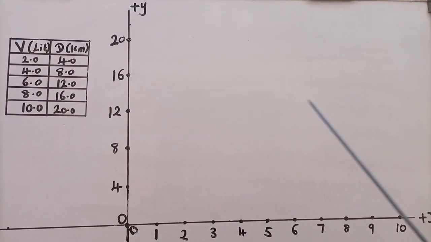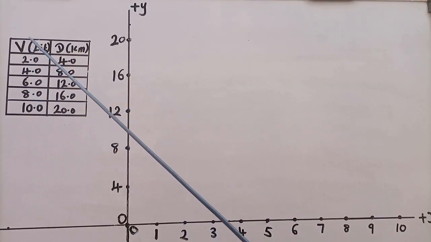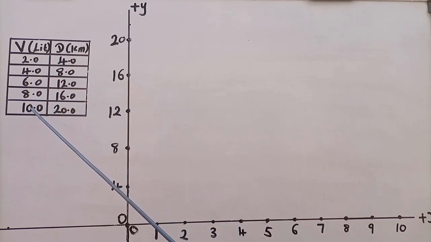Now, if you watch the volume, you see that the highest volume that was used for the experiment was 10 liters. Look at the 10 here. All changes began from 0 liter to 10 liters. How come these values 1, 2, 3, 4, 5 to 10?